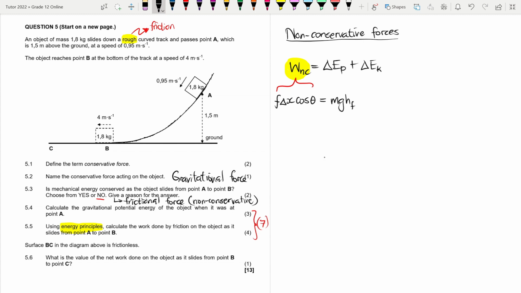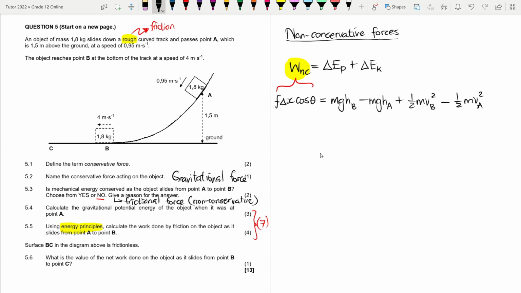Final, I'll use the letters given. So the final, at point B, minus mgh at point A, plus 1/2 mv squared at point B, that's our final, minus 1/2 mv squared at point A.